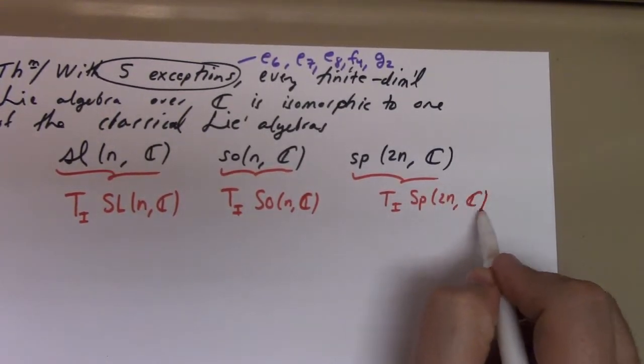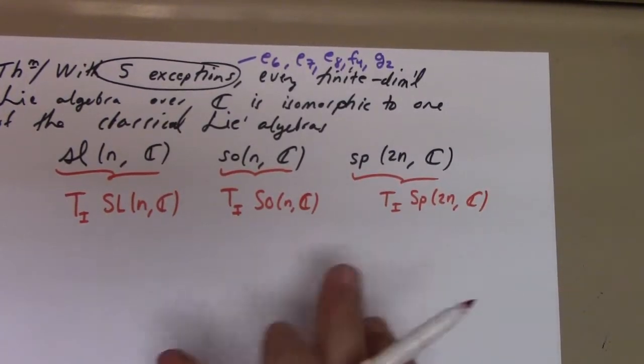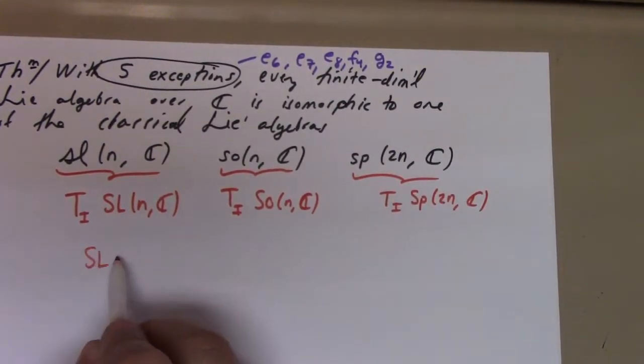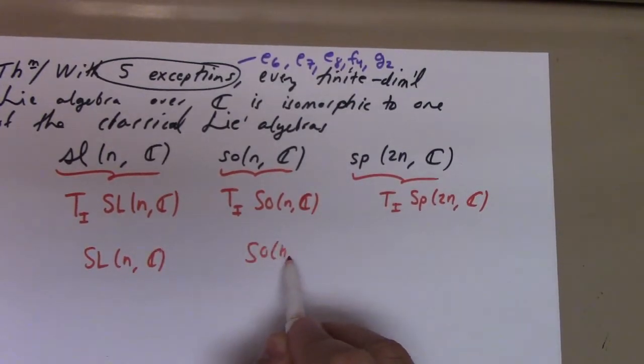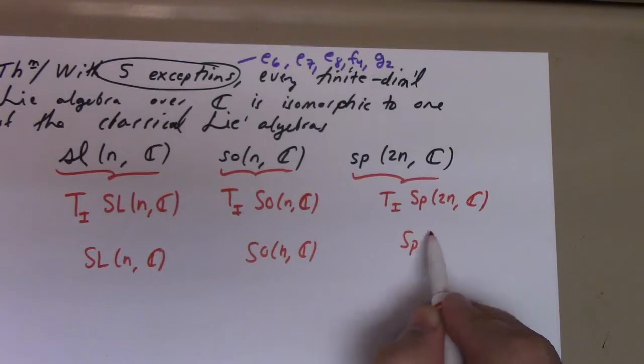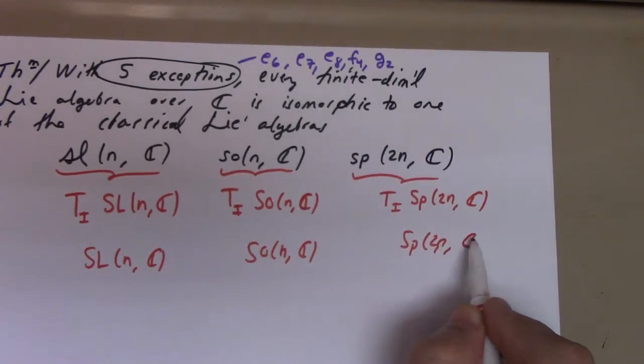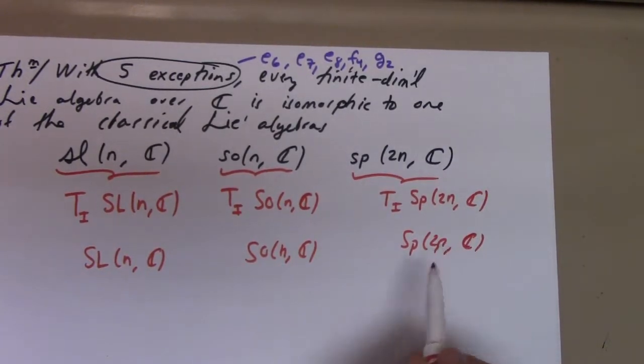Now each one of these groups, without the tildes, so like SL(n, C), SO(n, C), Sp(2n, C), these are all groups in the sense of group theory.